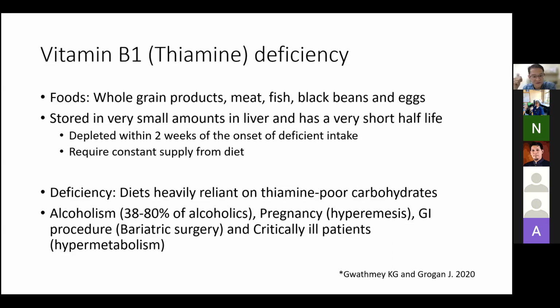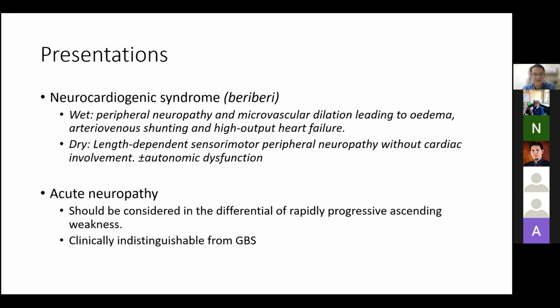Patients who take a lot of alcohol, pregnancy with severe hyperemesis gravidarum, GI or bariatric surgery, or even critically ill patients in the ICU can have such presentations. Supplementing them with proper vitamins is crucial to prevent this.